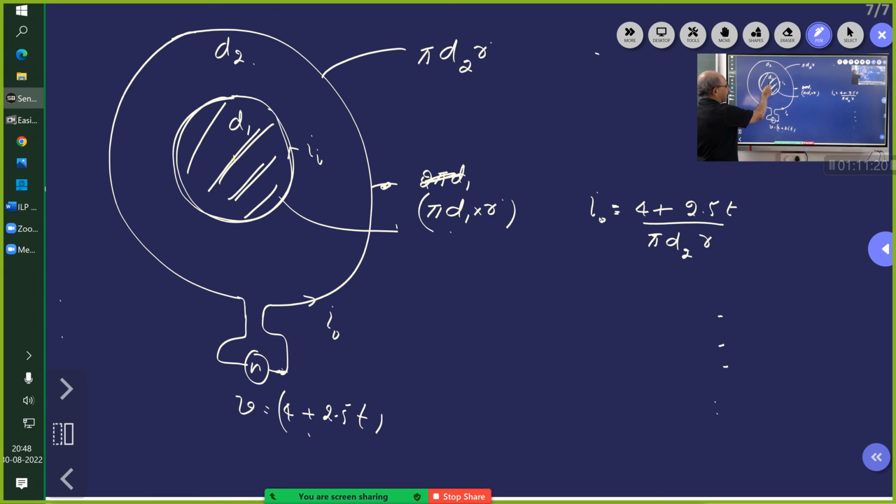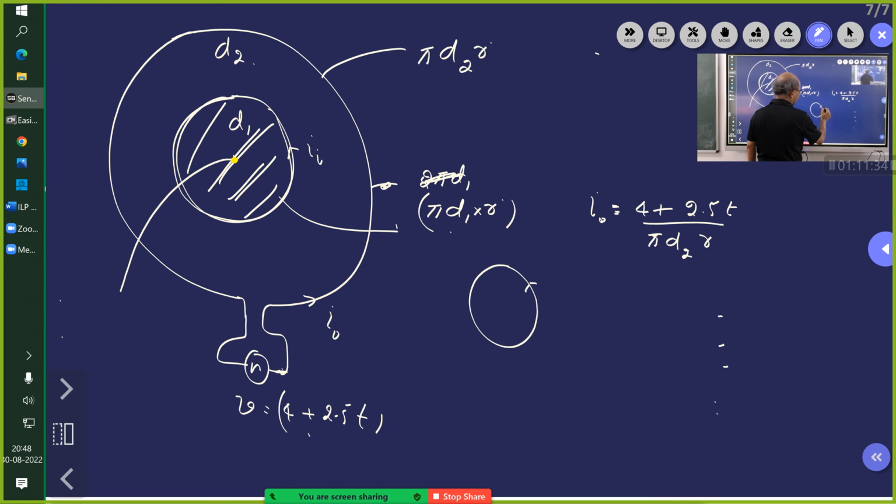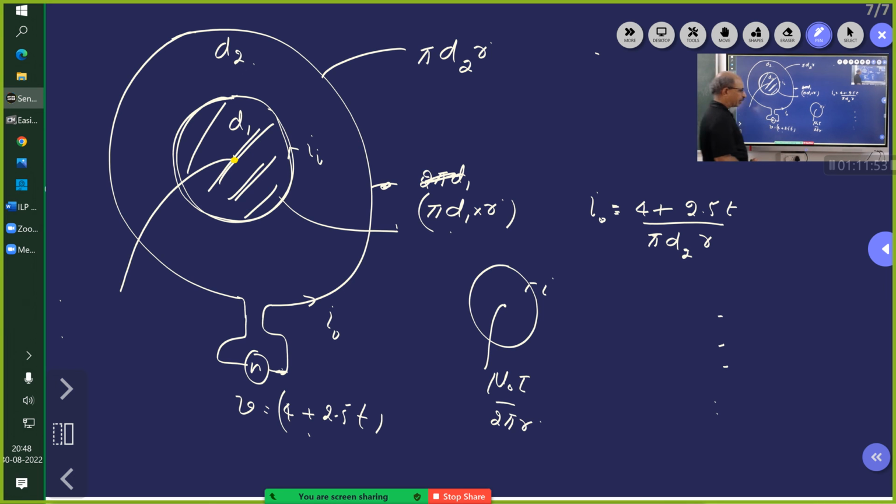Okay, can you calculate the magnetic field at the center here? Due to this current I, what will be the magnetic field at the center? See, you have done this now. If this current is I, what is the magnetic field at the center? Mu naught I by 2 pi r? Are you sure?